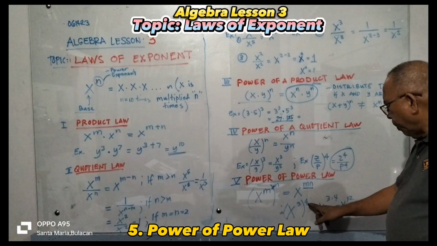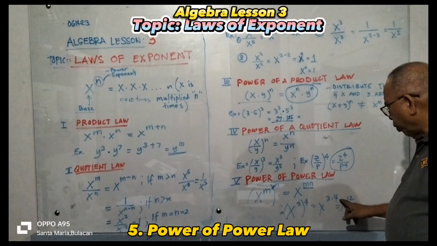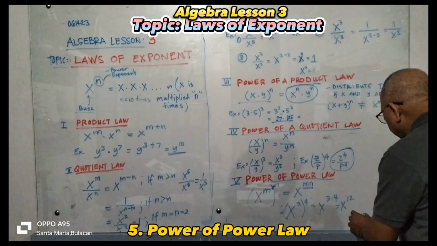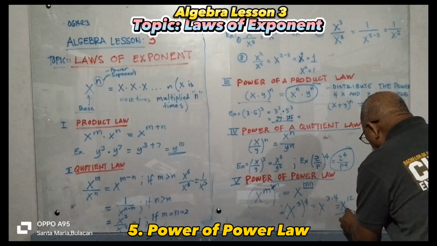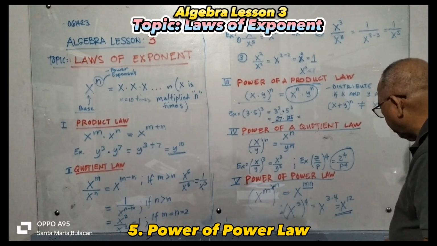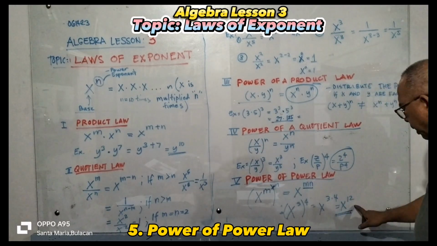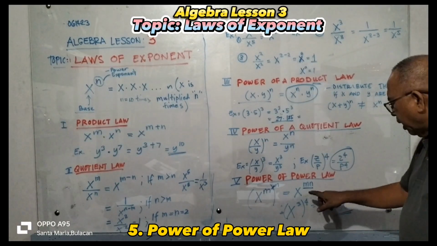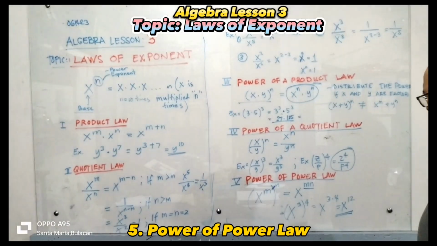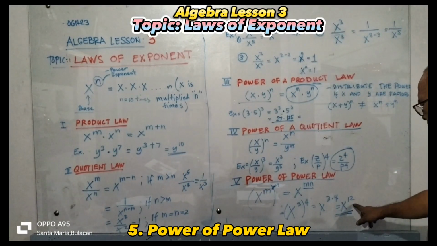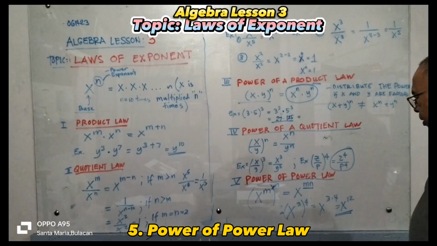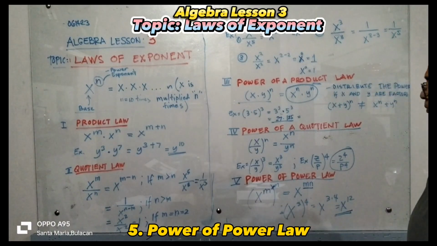Therefore, i-multiply mo lang yung dalawa. So, 12, x to the 12. So, yun ang magiging answer natin. In this, pwede mo siyang i-convert na magiging ganito. Or, ito naman, pwede mong i-convert na magiging gano'n. So, maraming pwedeng gawin ito kasi 12 ito. So, kunin mo lang yung mga factor niyan, pwede mo nang gamitin dito.